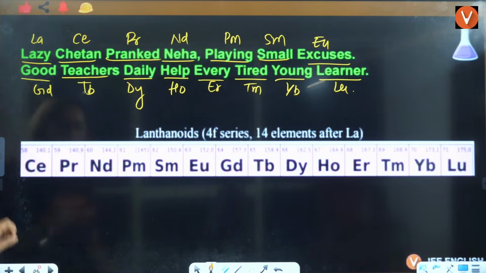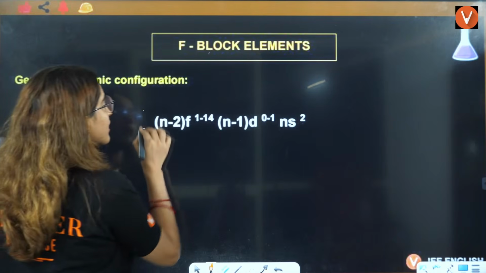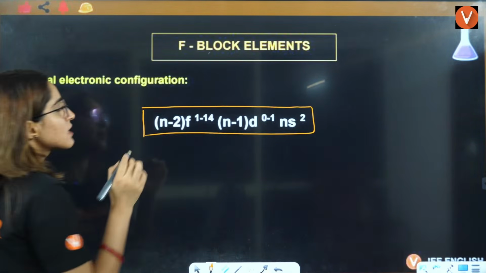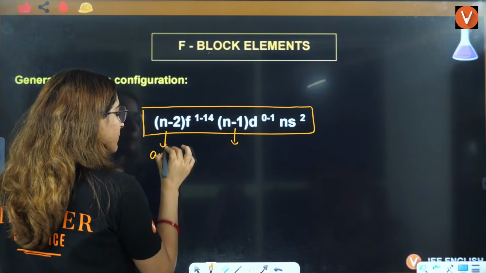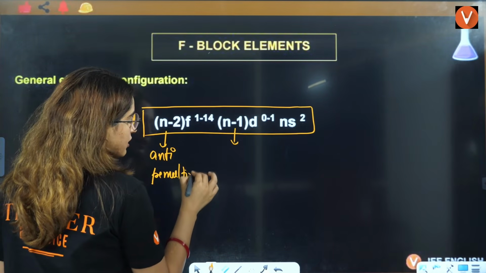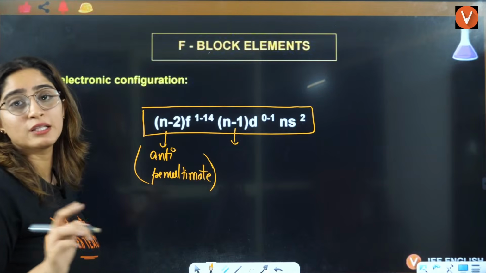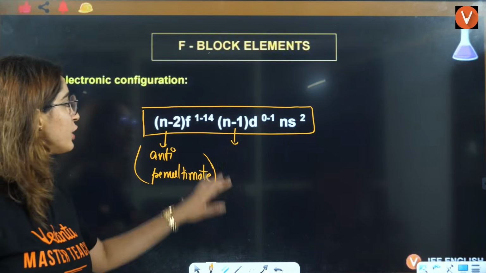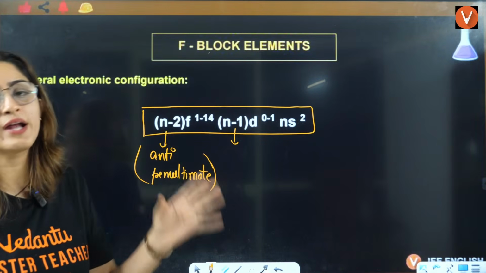Now you have 14 elements over here, and the general electronic configuration has the penultimate and the anti-penultimate shell. In d-blocks, you have the last electron in the penultimate shell, and here you have the last electron in the anti-penultimate shell, for lanthanoids and actinoids.